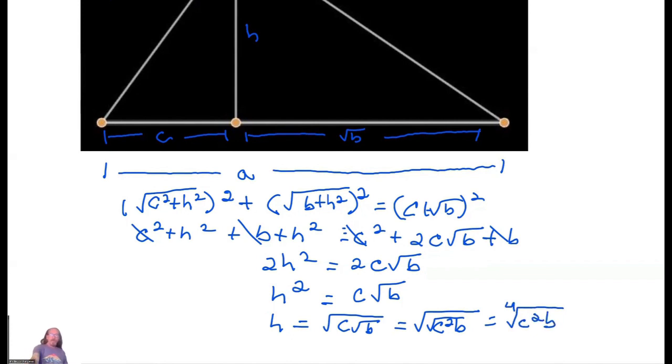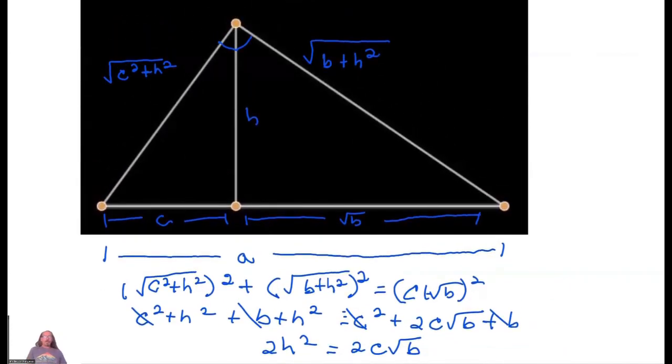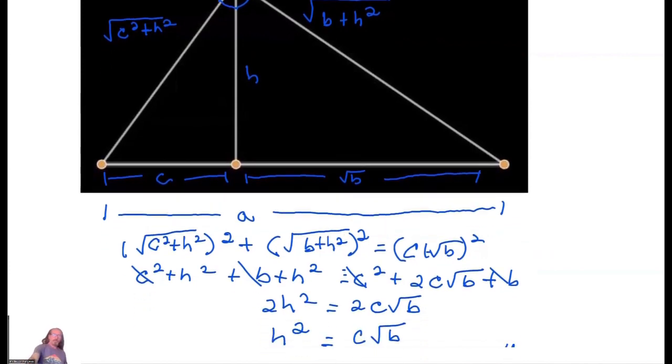Now that we have that, computing the area of this triangle two different ways, where we'll have this base times H, 1/2 of that, equaling 1/2 of the product of these two as the base and the height.